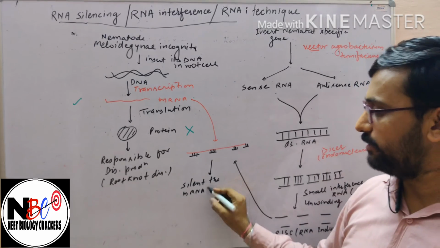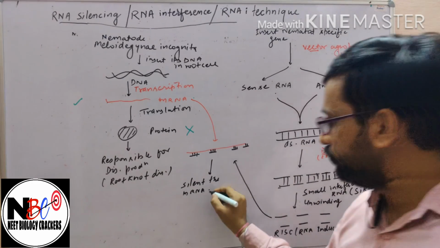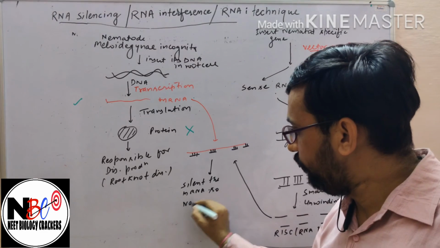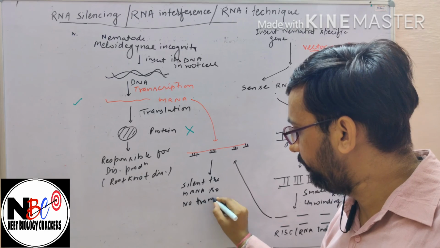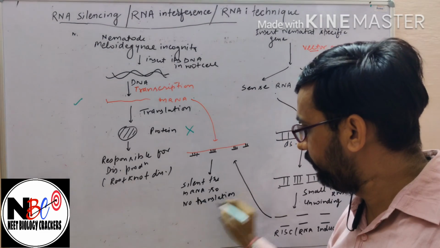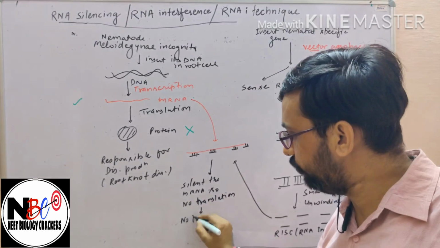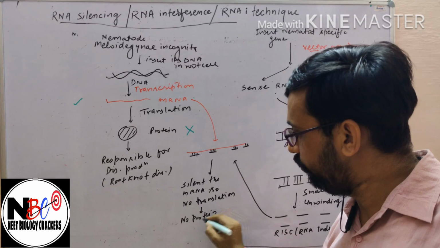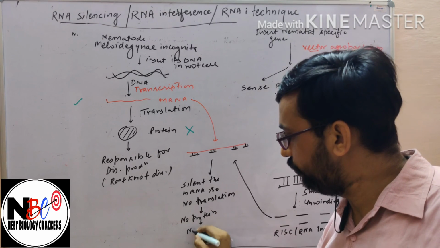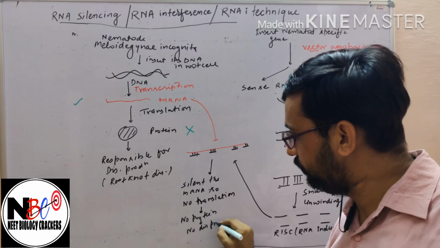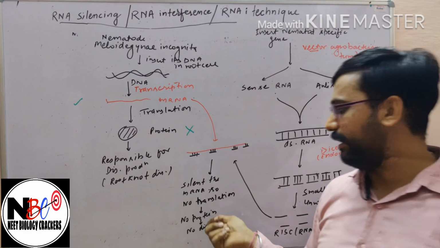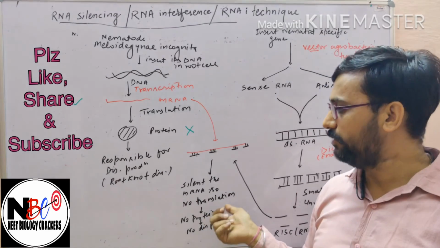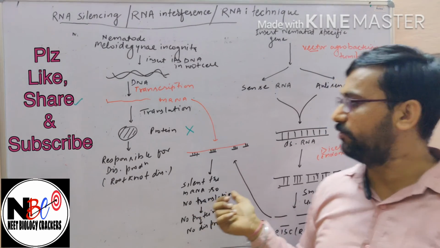So no translation and no protein formation. If no protein is formed, so no disease production. This nematode will die in the absence of this protein formation. So this plant becomes nematode resistant.